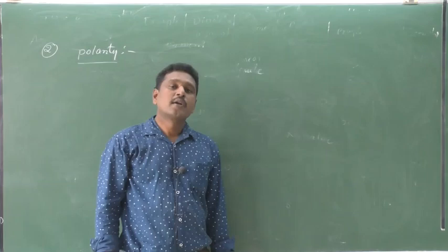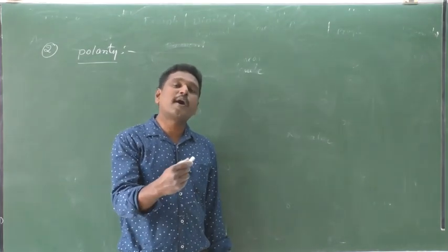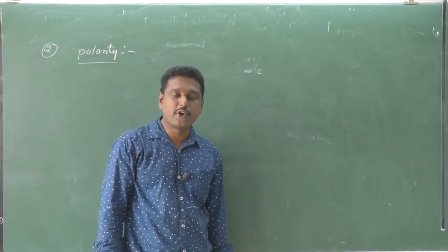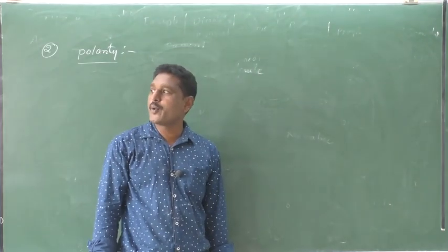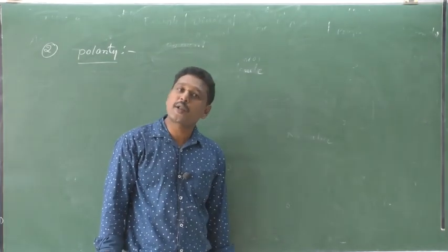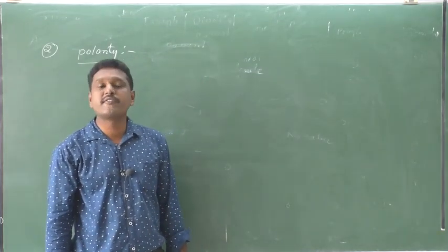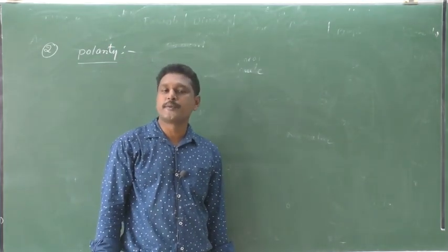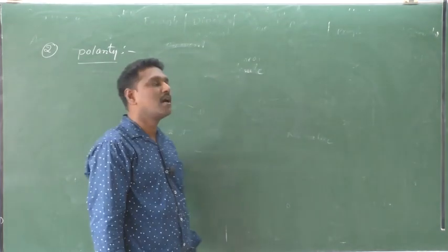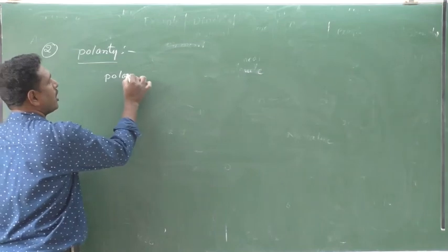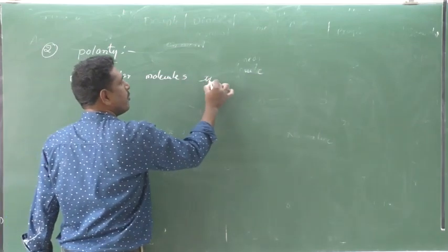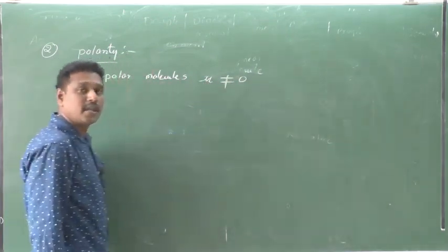So if the molecule is a polar molecule, then only it has dipole moment. Therefore, if it has dipole moment, then it has polarity. We can separate polar molecules and non-polar molecules by knowing the value of dipole moment. For polar molecules, mu is not equal to 0.